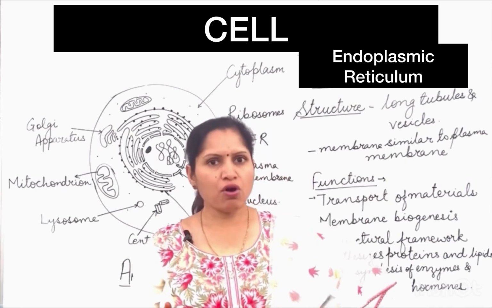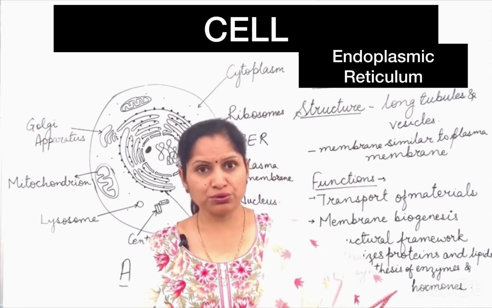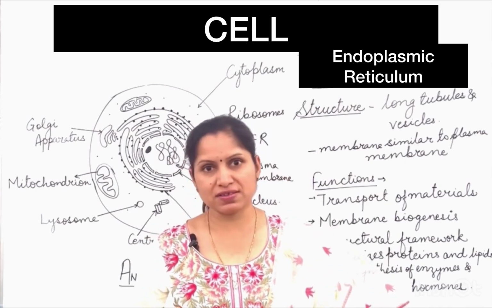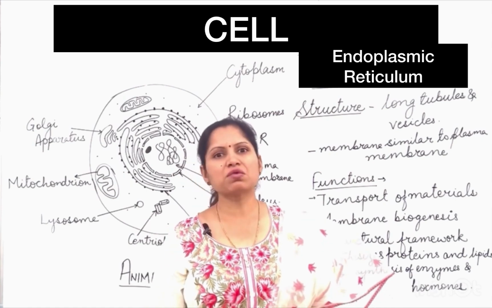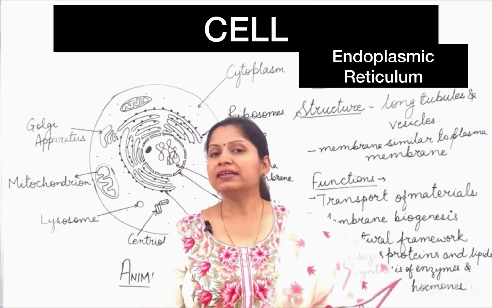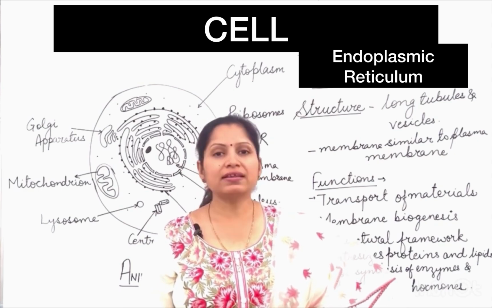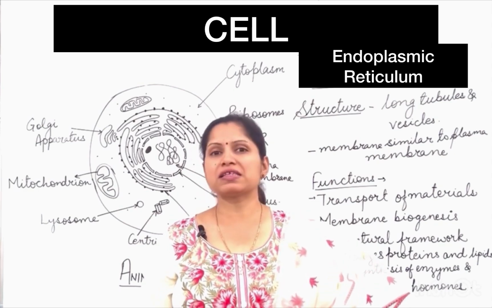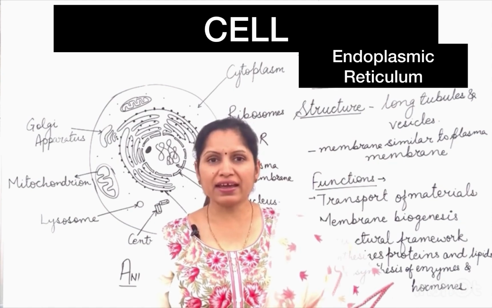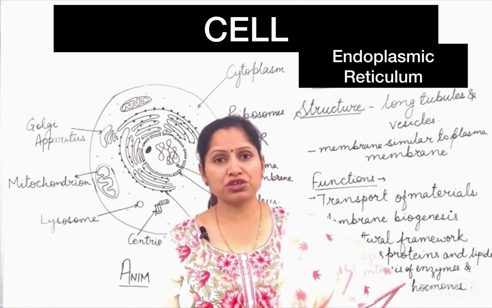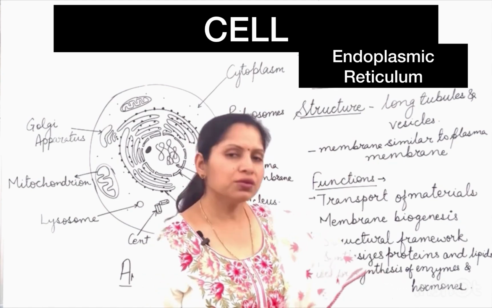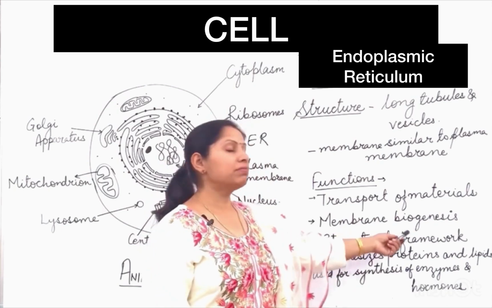It's very important as an individual question also: what is membrane biogenesis? Formation of plasma membrane requires proteins that are synthesized by rough endoplasmic reticulum and lipids that are synthesized by smooth endoplasmic reticulum. And that is why endoplasmic reticulum helps in the formation of plasma membrane, which is known as membrane biogenesis.